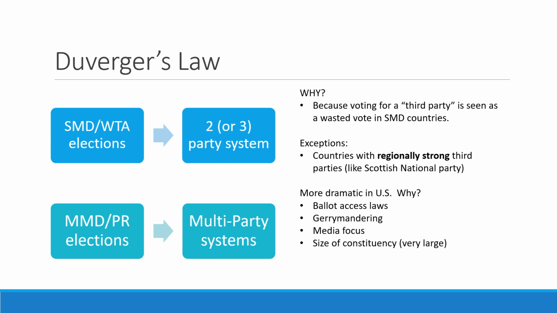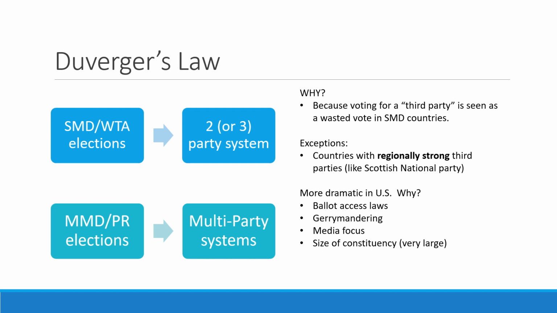We've never really had a third party or minor party that's had any sustained electoral success at the national level. And there are some things in the United States system that even magnify the benefits of the winner-take-all system, such as laws that states put into practice that benefit the two major parties.